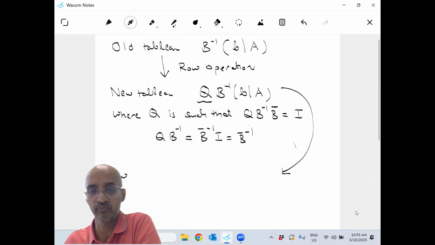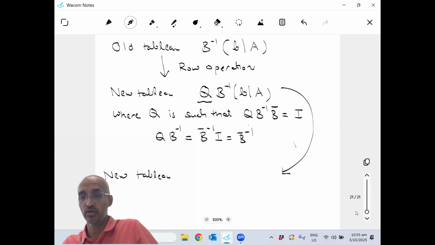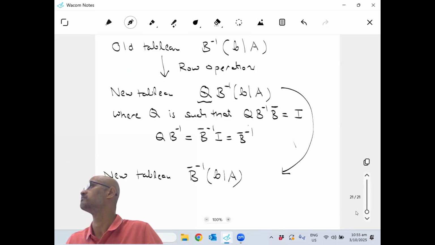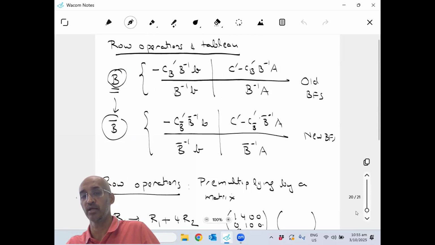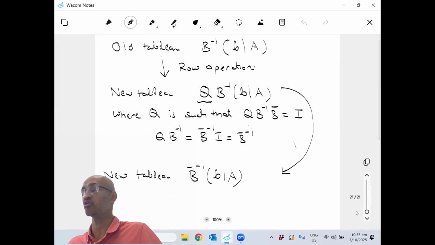Forget the top row, the cost vector, for now, but everything below: Q B inverse is nothing but B bar inverse. So it's B bar inverse B, B bar inverse A, which is what we want. When I do my row operations, I want B inverse B, B inverse A to become B bar inverse B, B bar inverse A. By doing my row operations, I did it.